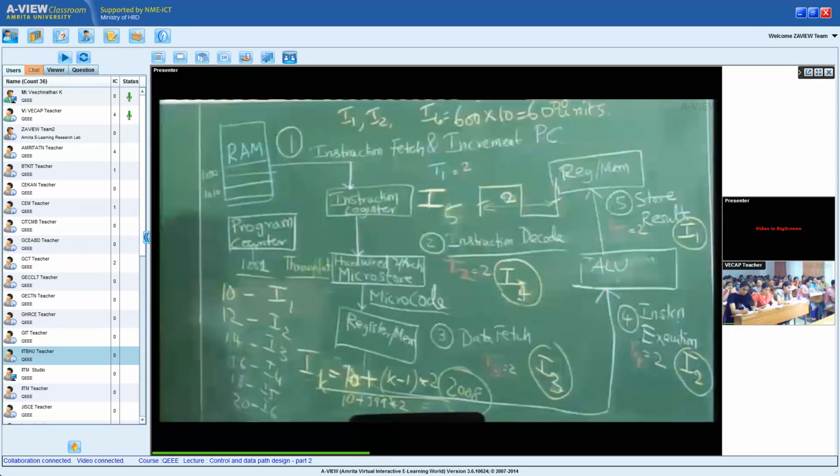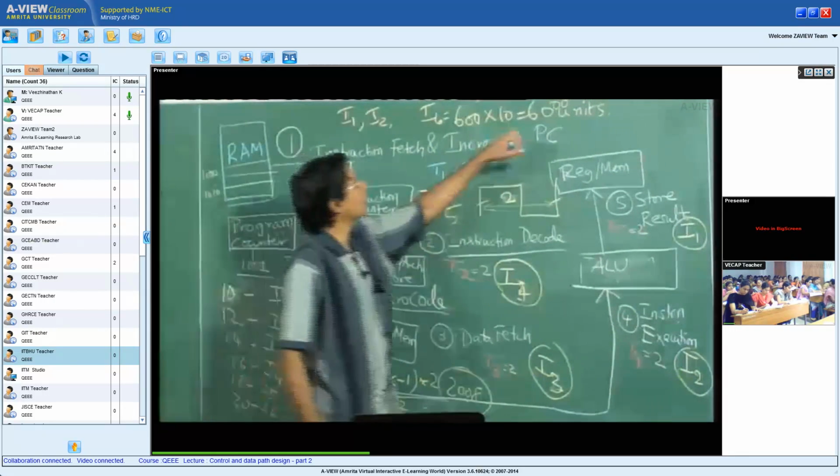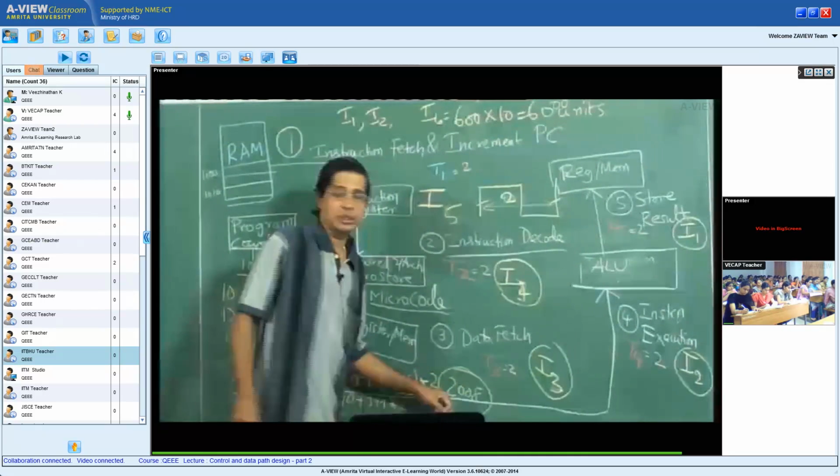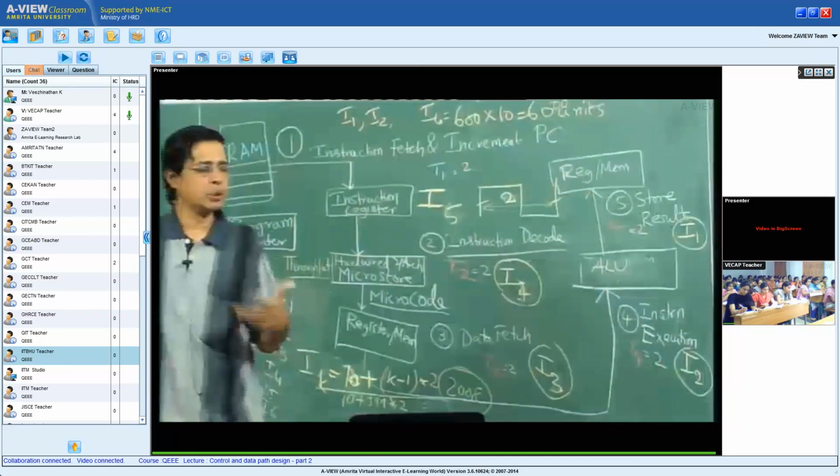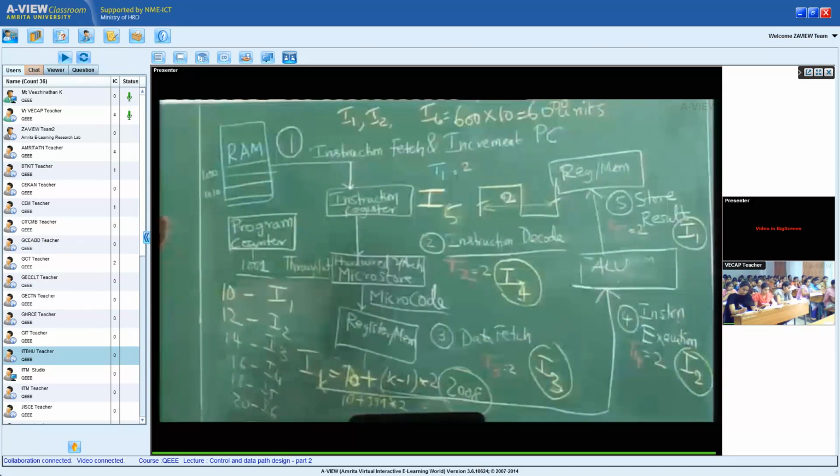And note that this takes 6000 units, but this takes 2008 units. Again you see that the difference of around 3 times is still basically maintained.